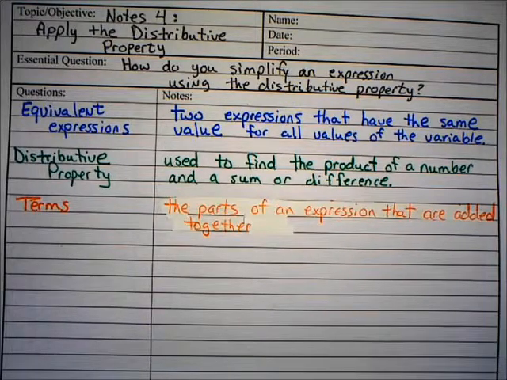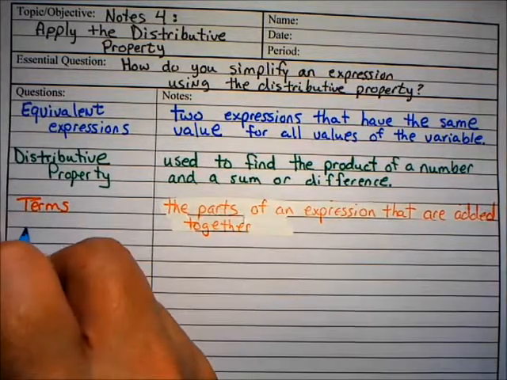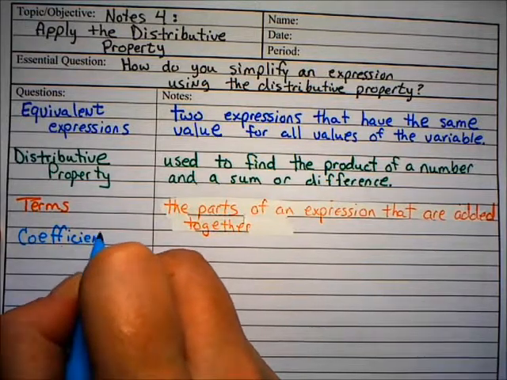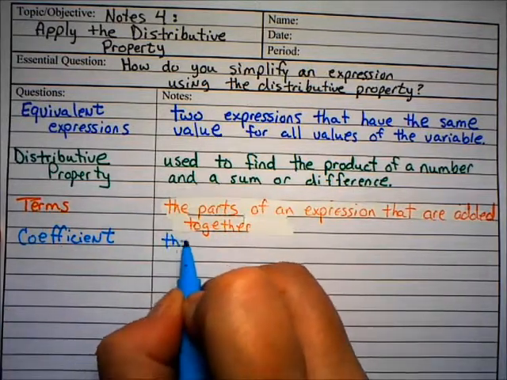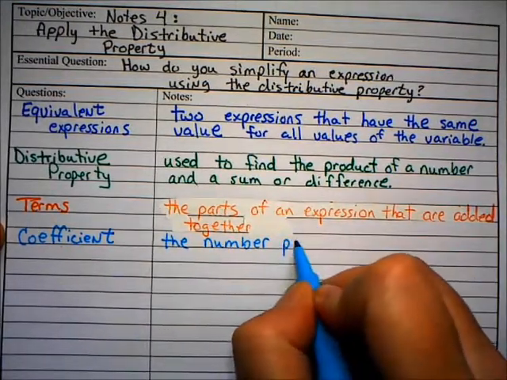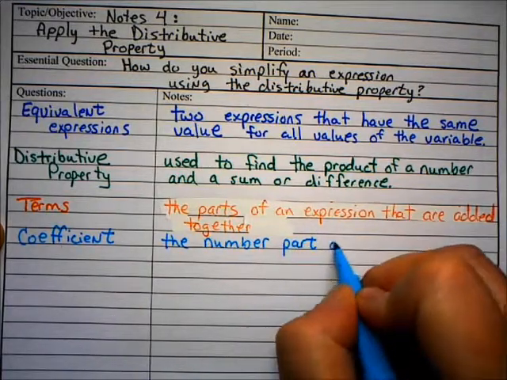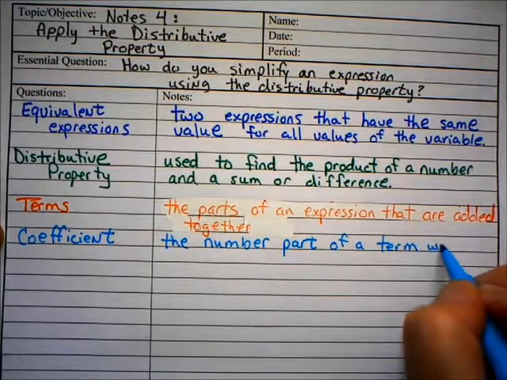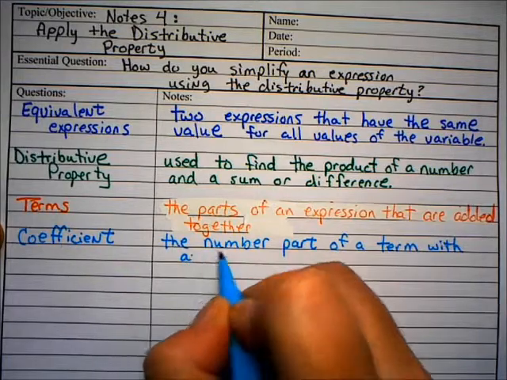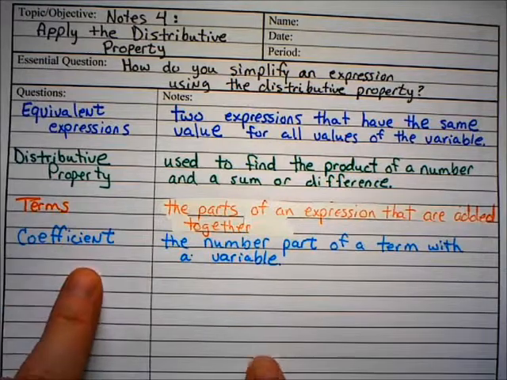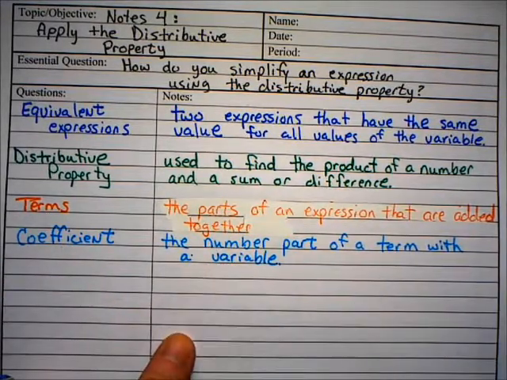Okay, so I'm going to the next one now. Let's go with this one. Okay, the coefficient is going to be the number part of a term that has a variable.